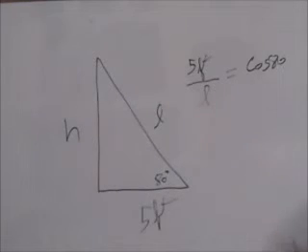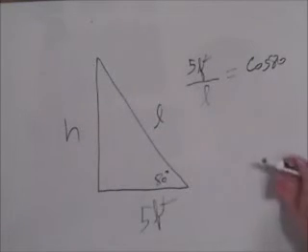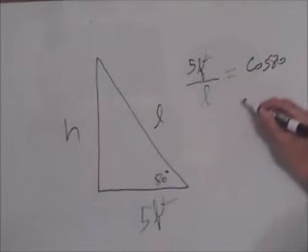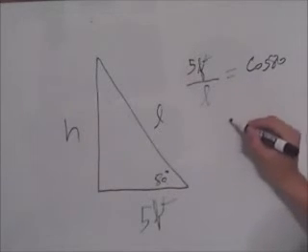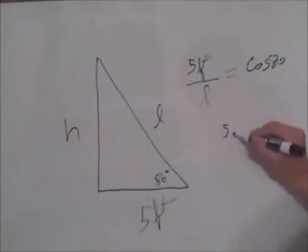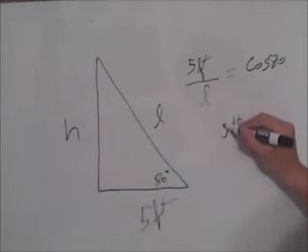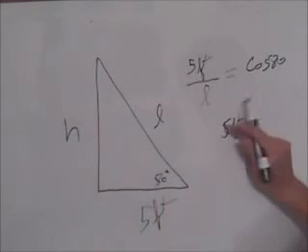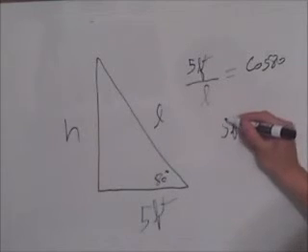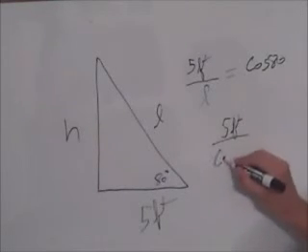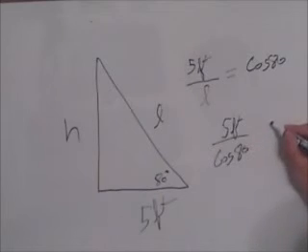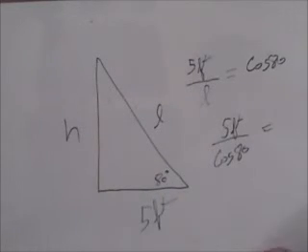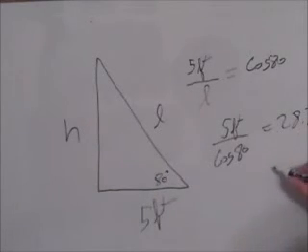And so if you actually calculate that out, solving for L, 5 feet divided by cosine 80 equals 28.8. So that would be the length of the wire.